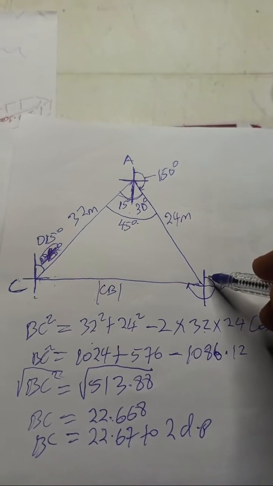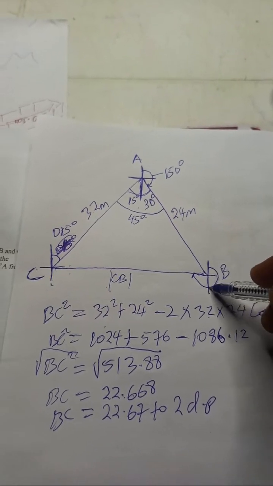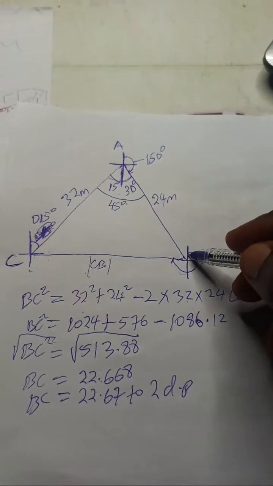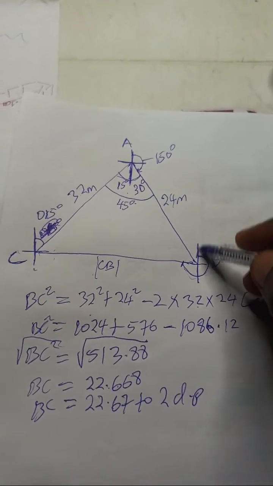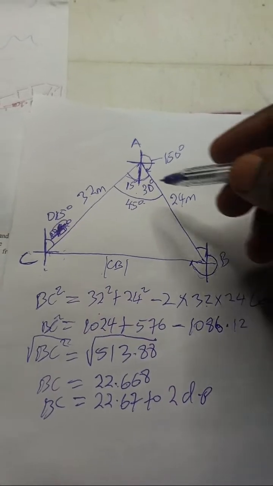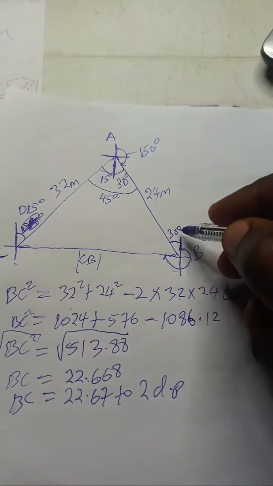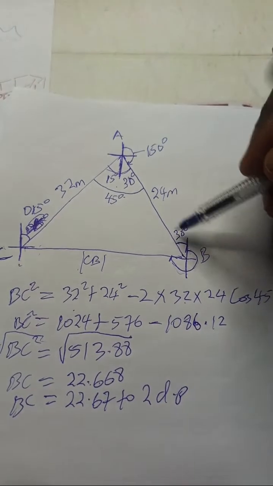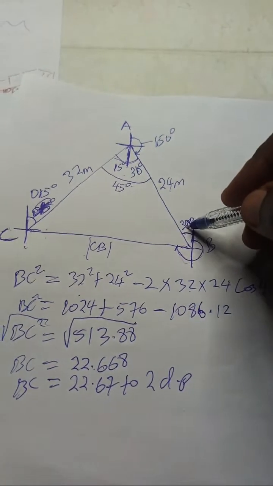Now, how do we do that? Very simple. We can only get from here to here as 180. We are not sure of this, but we are sure of this place. This is 30, alternate angle. Remember, this and these are alternate to each other. So this is 30, this is 30, this should be 30.